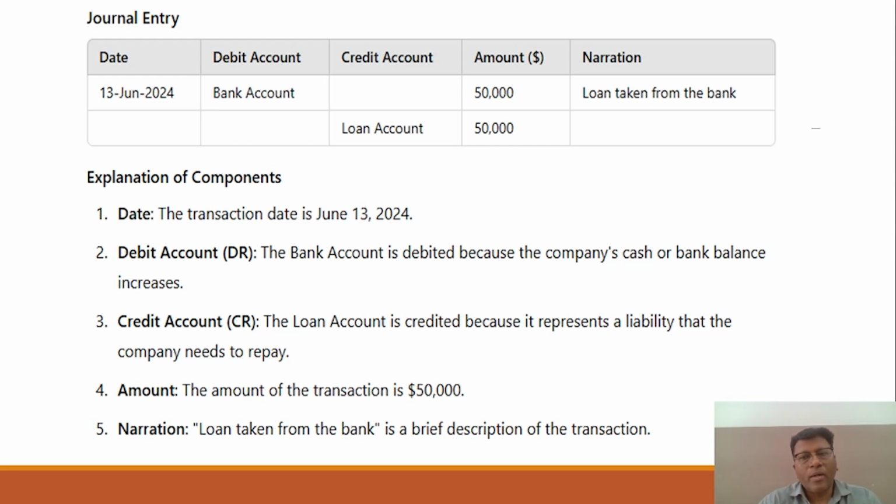When you are raising the loan from the bank, the bank balance would increase, so the bank account would be debited as per the rules of journal, and the loan is a liability, so it would be shown on the credit side.